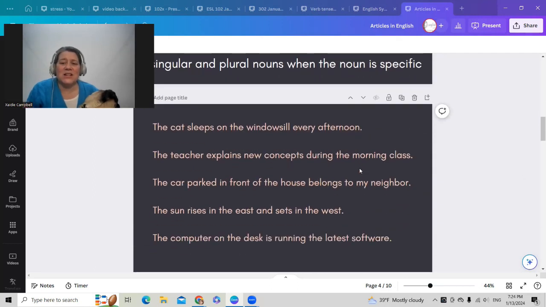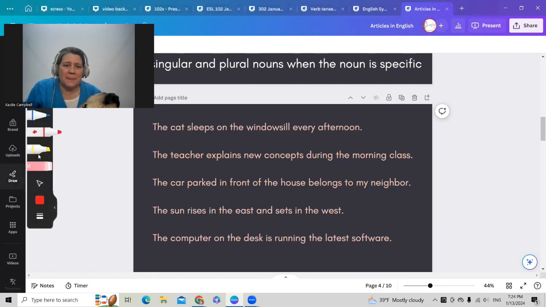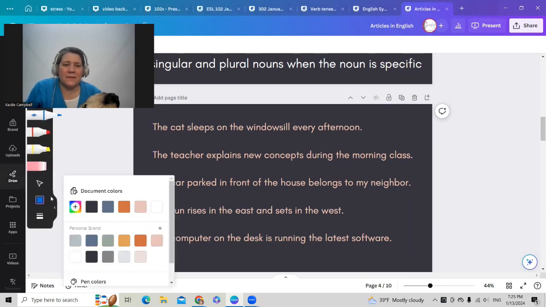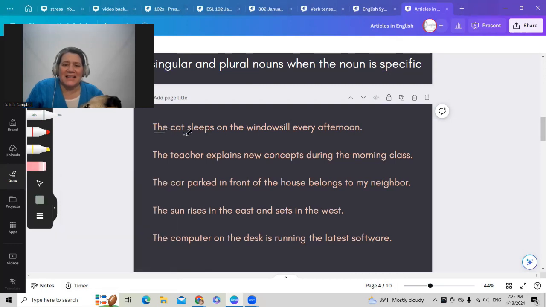All right, let's look at some examples of this. Remember, the talks about a specific thing. Okay, we have the cat. The cat sleeps on the windowsill every afternoon.